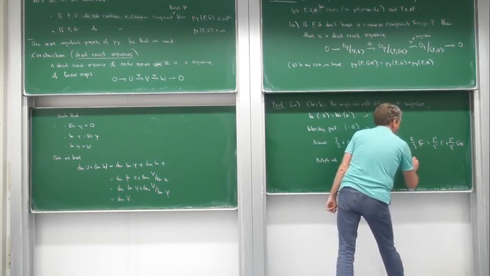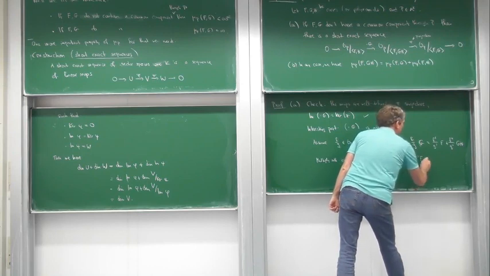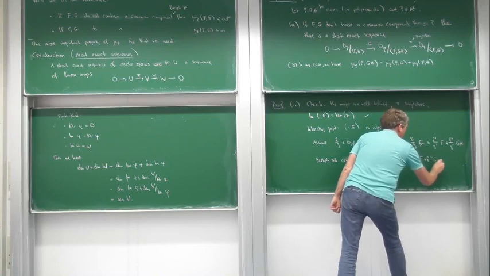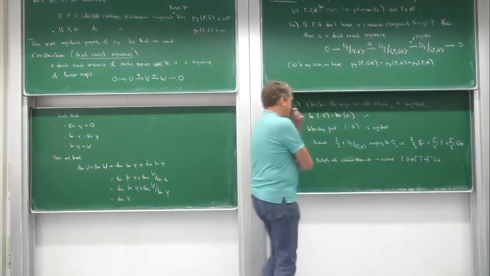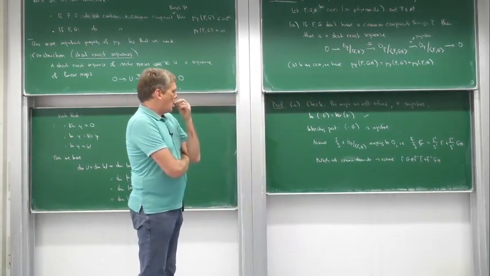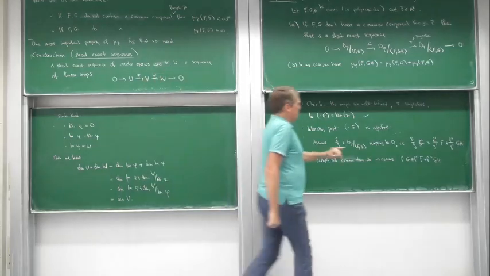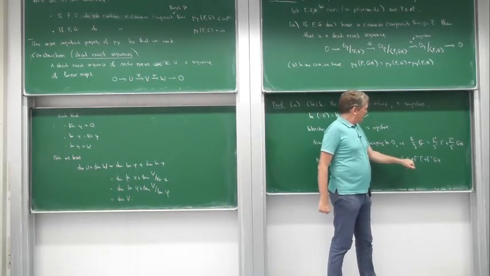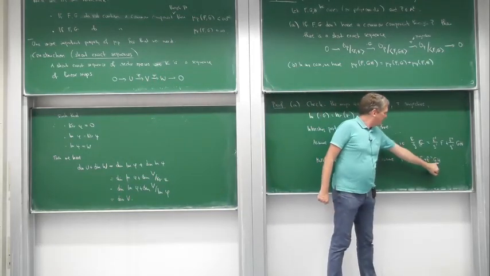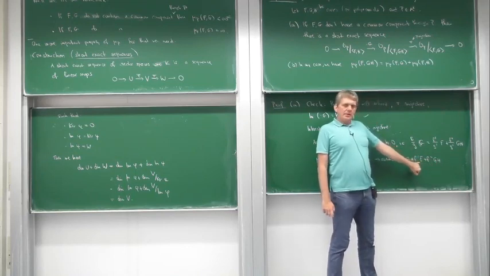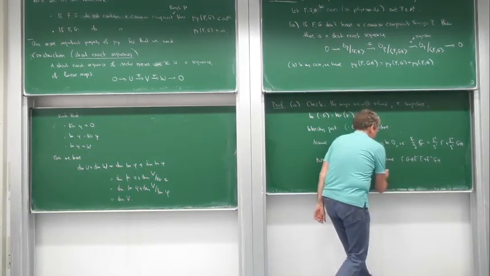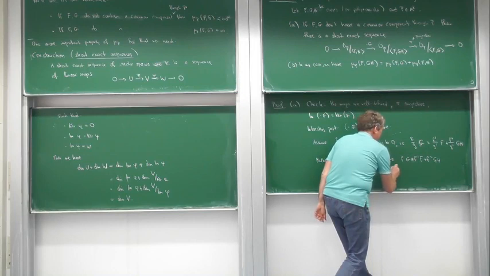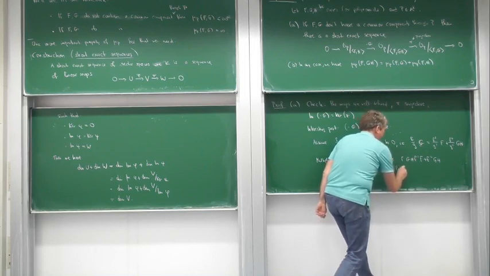So fG is this plus f prime GH, after clearing denominators. But now if we look at capital G, then capital G divides this and that, so also this. So this means that G must divide f prime F.